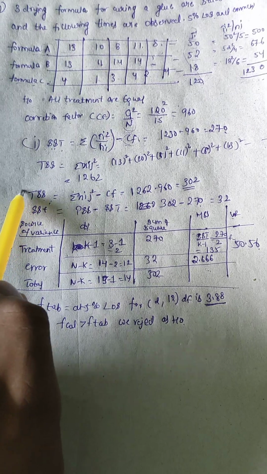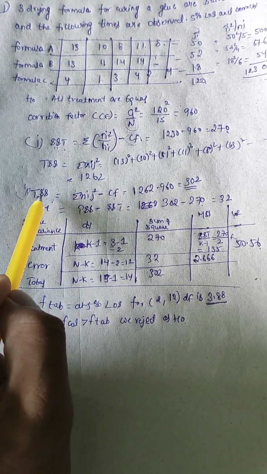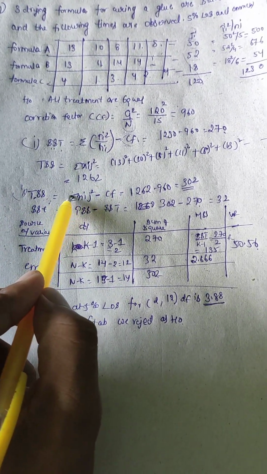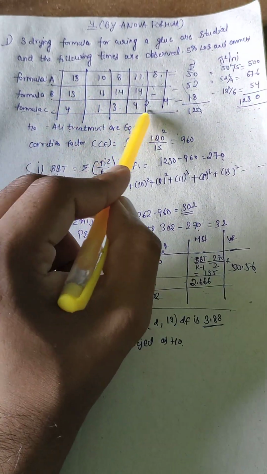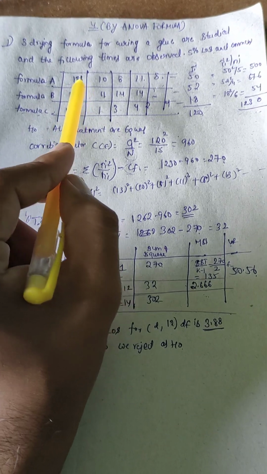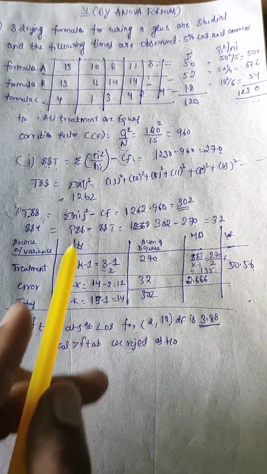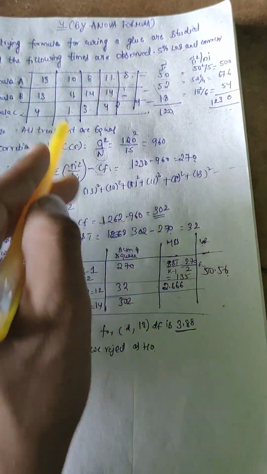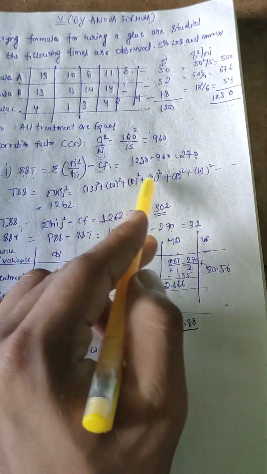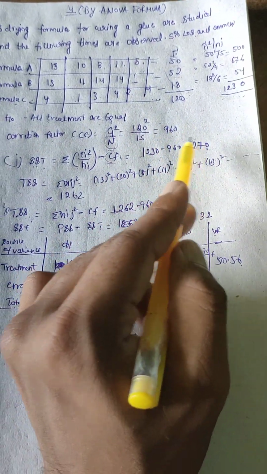Second, we calculate the total sum of squares. Sigma xi square means adding all the values after squaring them: 13 square, 10 square, 8 square, 11 square, 8 square, 13 square, and so on.